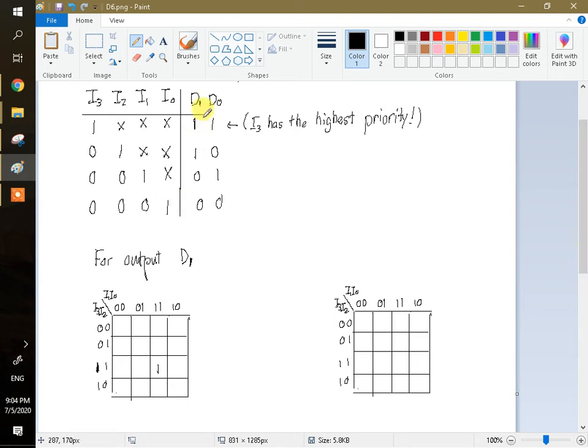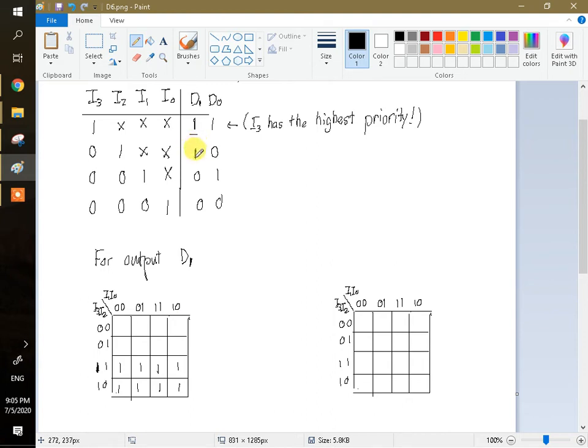We look at this one here. Anything where I3 is 1, don't care about the rest, we get 1. So wherever I3 is 1, all get 1. What is the next one?